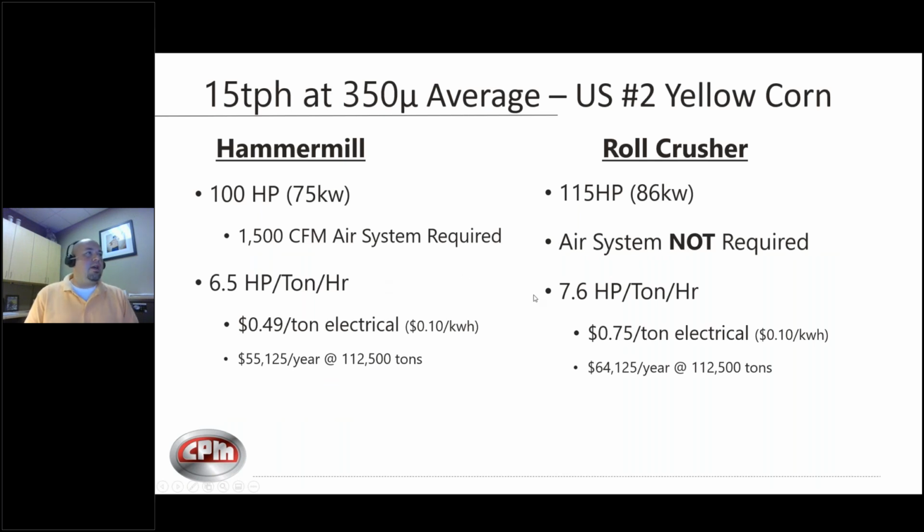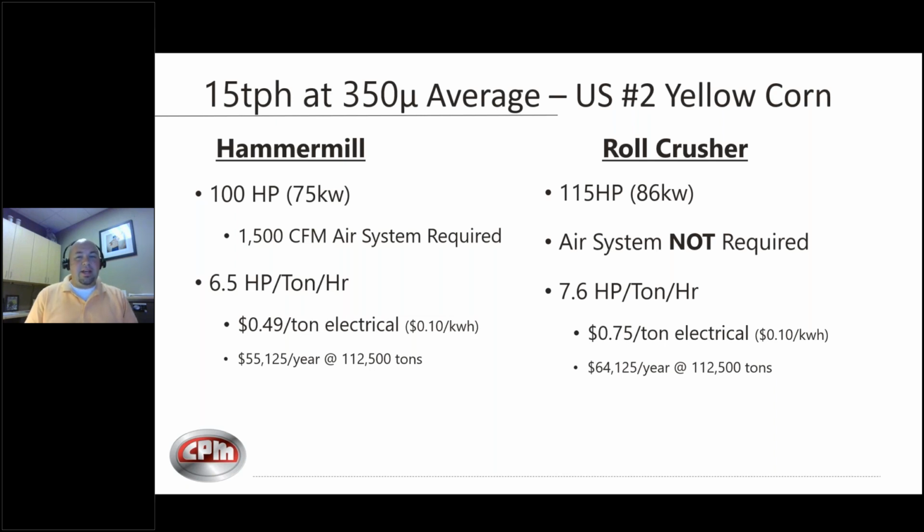Another example here is US number 2 corn at 350 microns. Again, I'm showing the same specs. You can see the horsepower difference. In this case, the hammer mill is actually going to use less because we're getting towards the finer edge of where we'd want to use a roll crusher. That hammer mill starts to be more advantageous energy-wise because we have those high tip speeds. You're seeing that impact. You're creating those fines right off the bat.